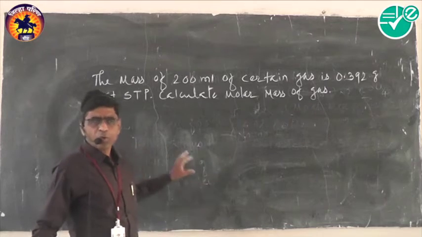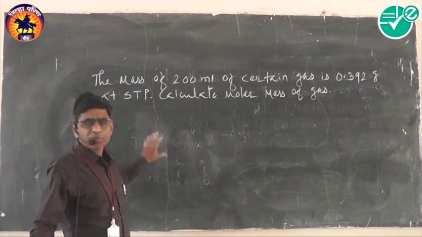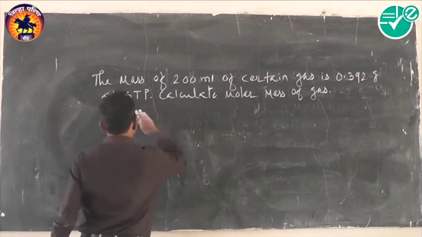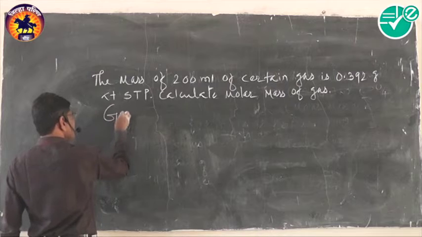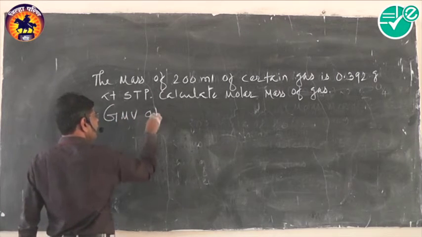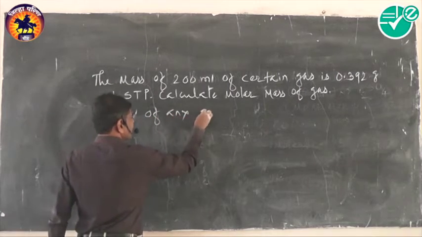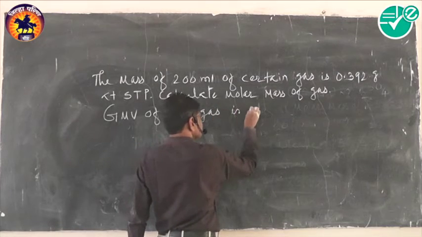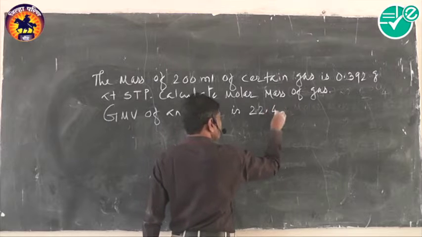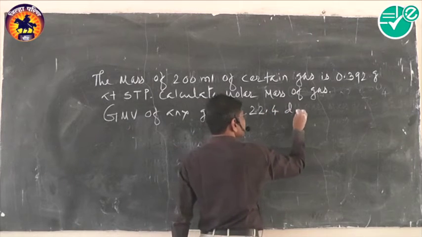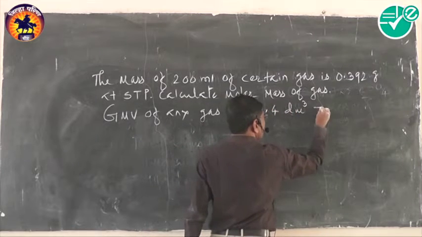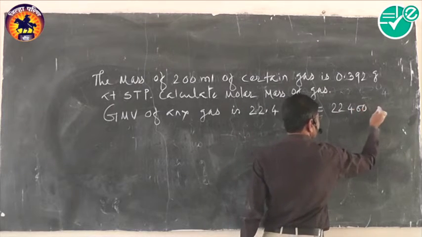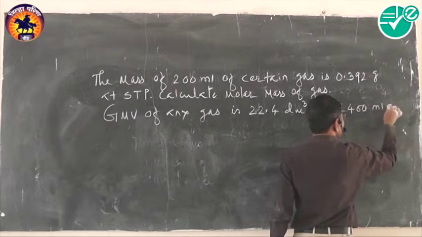Now 22.4 decimeter cube corresponds to 22,400 ml. And so we know that the gram molar volume of any gas is 22.4 decimeter cube, which is also equal to 22,400 ml at STP.